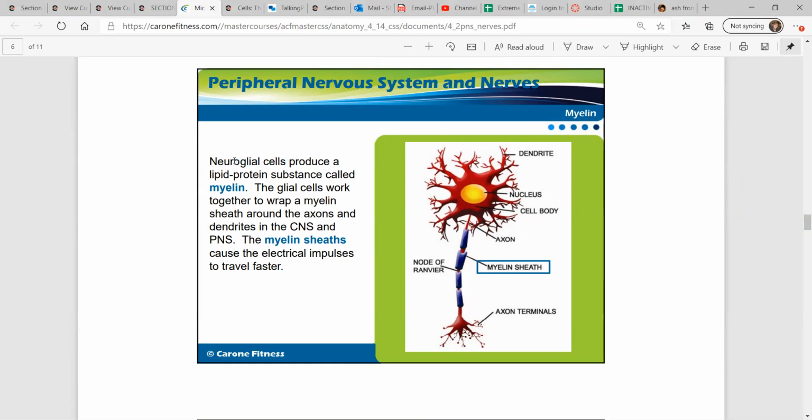Neuroglial cells produce a lipid protein substance called myelin. And they work together to wrap a sheath around the axons. So you see this blue part here in this diagram. That is a myelin sheath. And wrapping around the axons and dendrites in the CNS and PNS.